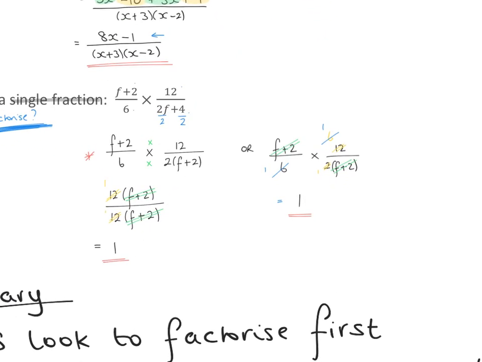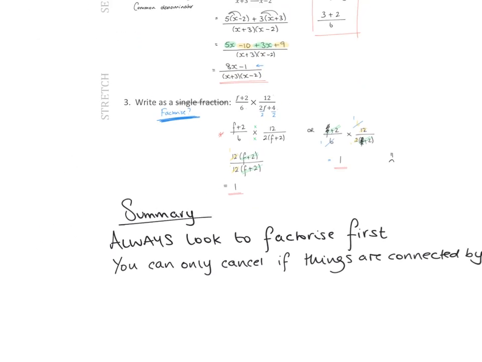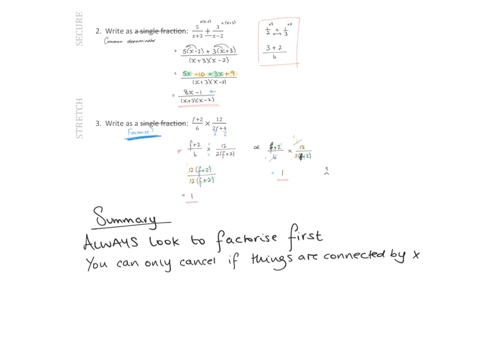So we couldn't, for example, cancel that f and that f. That's not allowed, because they are connected with adding, but what we can do is we can do the whole thing. So you can only cancel if things are connected by times, and the crucial thing for this is to remember your normal fraction rules.